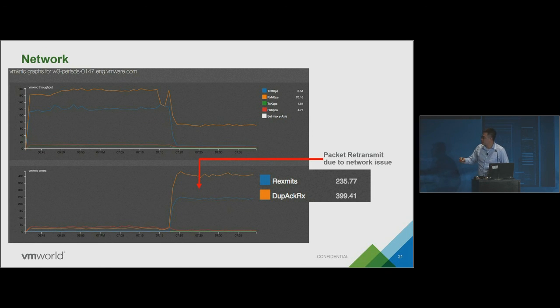So this will trigger this host to retransmit those failing packets. And all the I/Os with those retransmitted packets will experience high latency. So at this point, we figure out the root cause in this particular example is the PNIC problem. When we replaced the hardware, we actually resolved the issue.